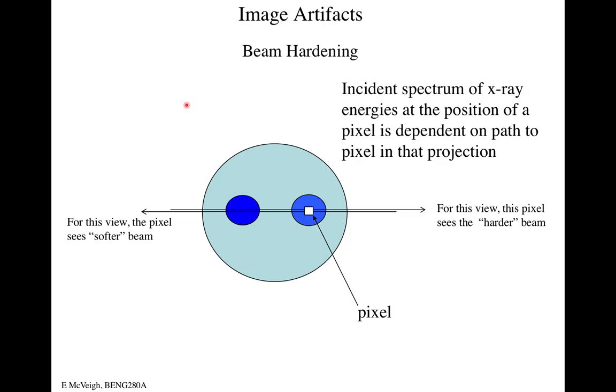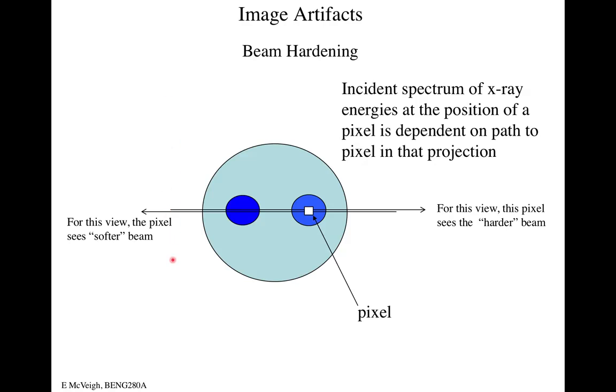The photons that have survived to that depth have a higher average energy, right? This obviously causes an artifact in imaging, so let's look at this phantom, and we're just going to say what happens at this pixel here for a projection this way, right?